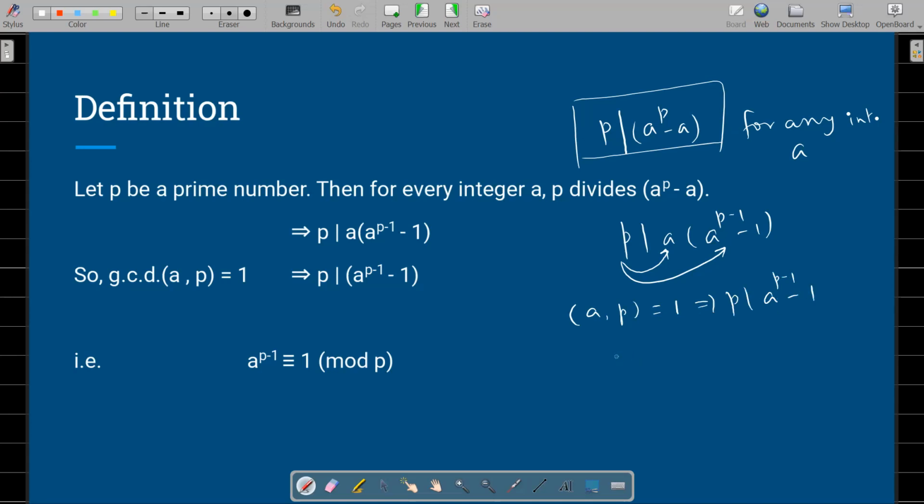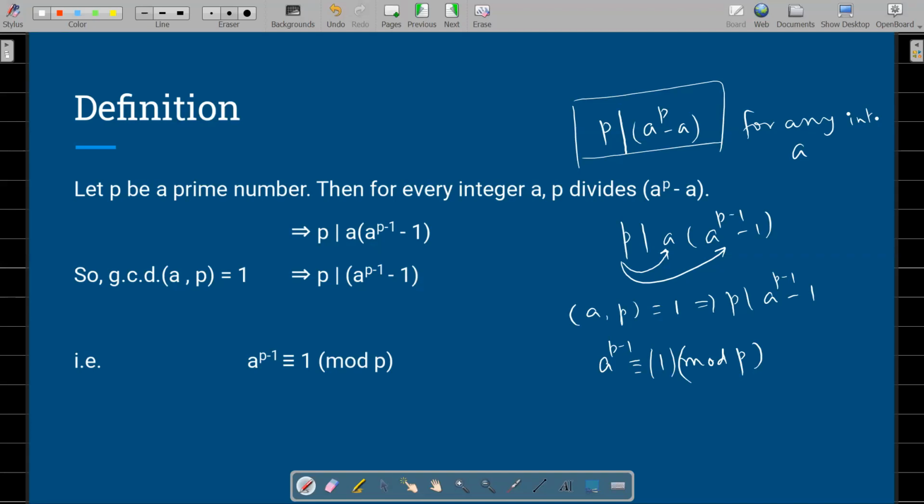Such results are useful for calculations, because once something is congruent to 1 mod some number, I can take higher and higher powers, and on this side I get only 1. So this is Fermat's little theorem, and Euler made it more general.